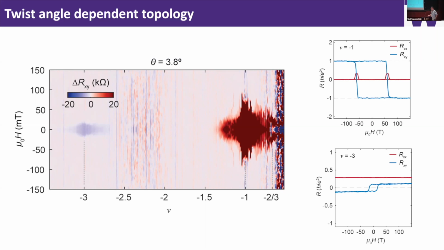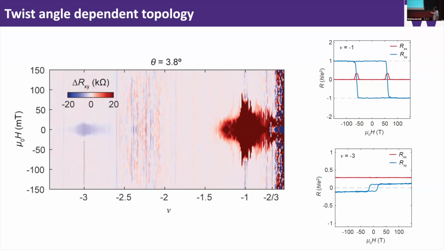And to understand this a little better, what I show you here at the top is the hysteretic curve of Rxy at filling factor -1. So you can see it goes in this way. But look at the bottom, which is the same measurement, but at filling factor -3. Now you can see the hysteretic curve has the opposite direction to the top, right?